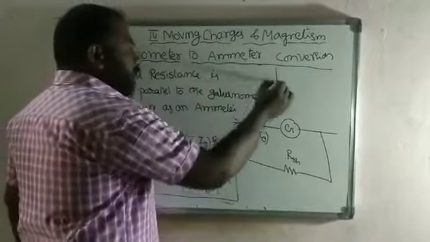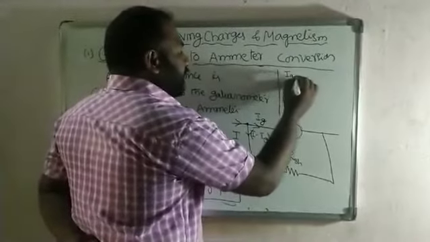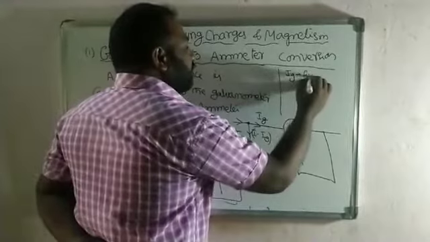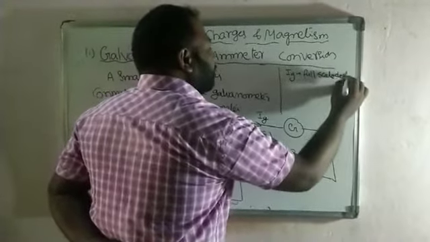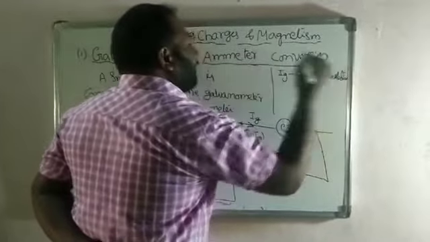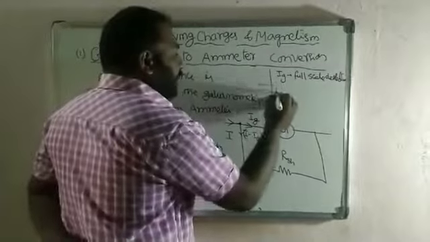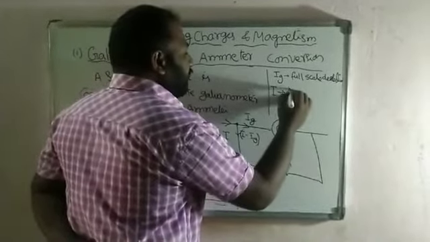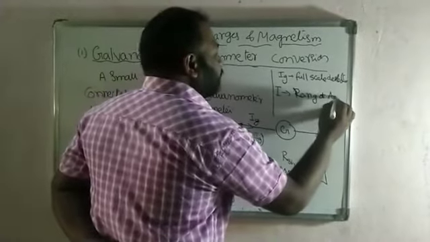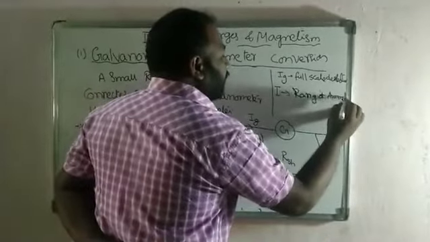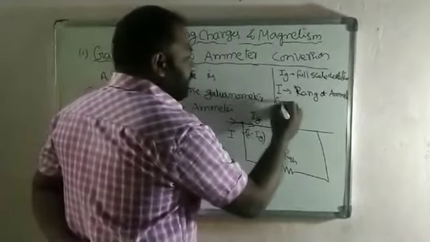Here we have to know some terms. Remember, Ig is called full scale deflection, and I is called the range of the ammeter.